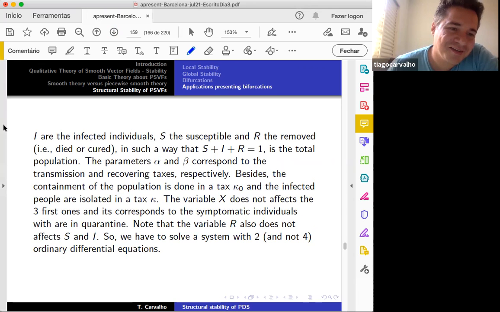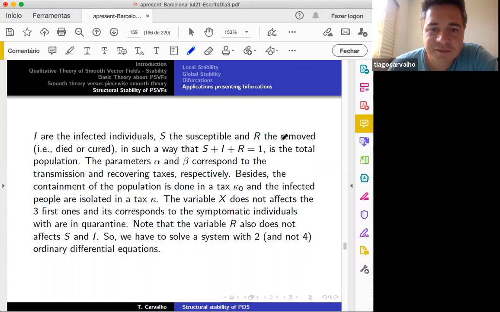The letter E corresponds to the infected individuals. The letter S corresponds to the susceptible individuals, individuals that can have an infection.